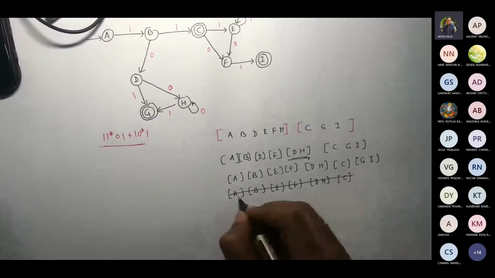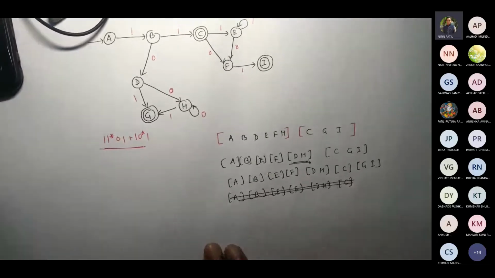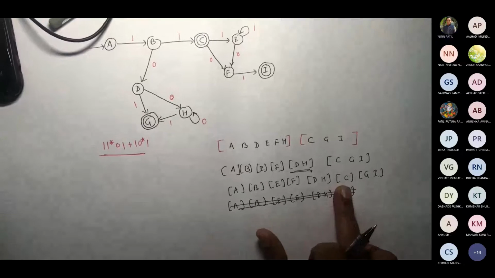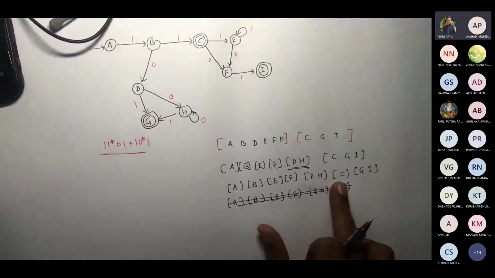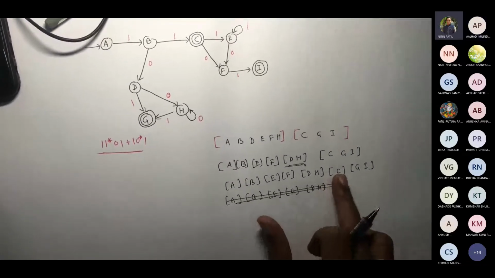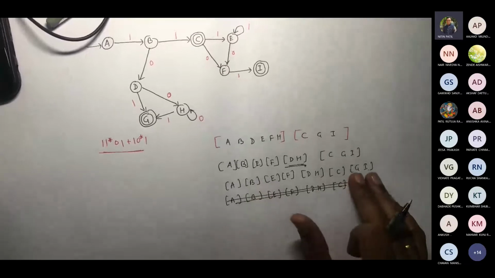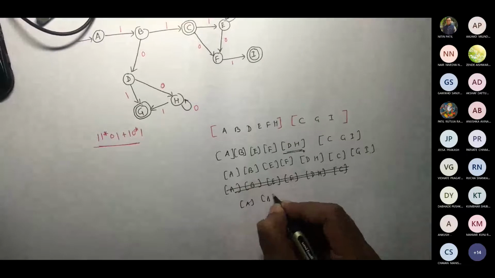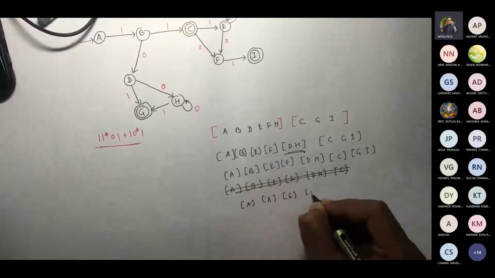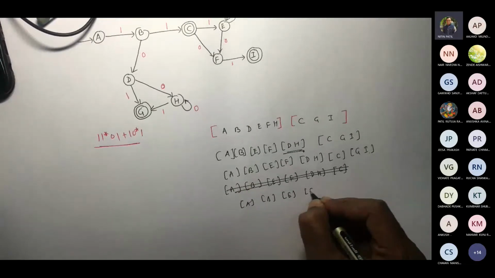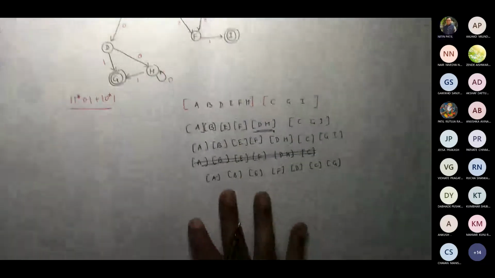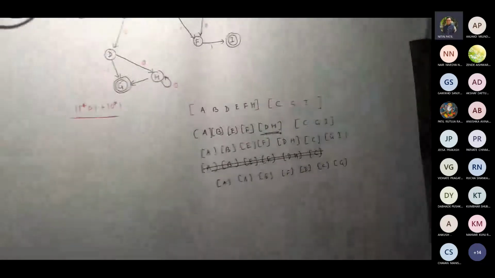I separated C. Have you understood what the reason is? Yes, sir. Because C has outgoing transitions, but G and I do not. So our work is done. So A, B, E, F. Now let us take D, C, and G. Now draw the transition diagram.